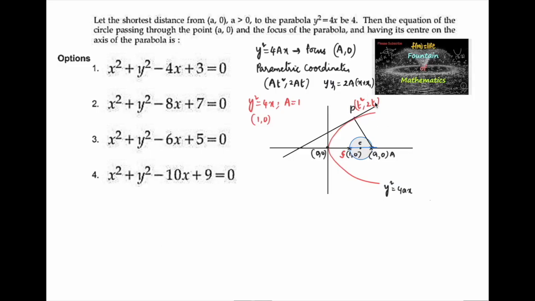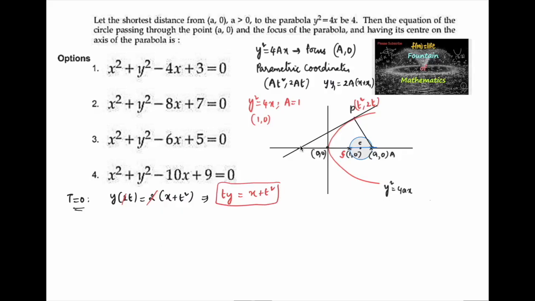So here the point is t square comma 2t. So equation of tangent we can write y into 2t is equal to 2a times, so a is 1 here, 2 into x plus t square. So we can cancel here 2. So we can write the equation ty is equal to x plus t square. This is the tangent equation.